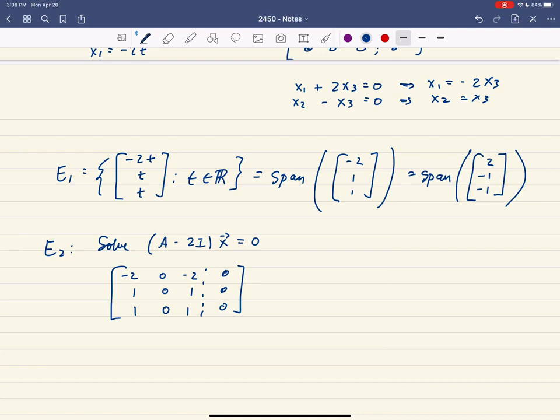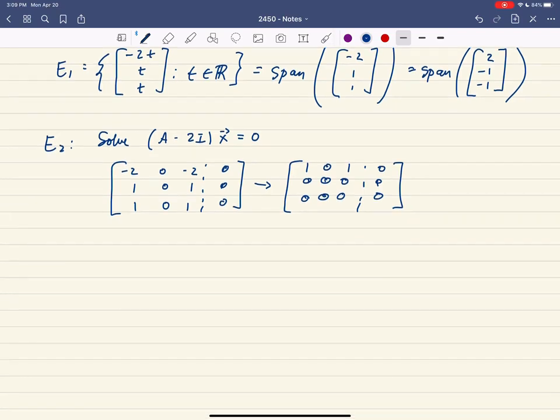So this is what we get when we take A minus lambda I and plug in lambda equals 2. And this is going to simplify to be 1, 0, 1, and everything else is zeros.